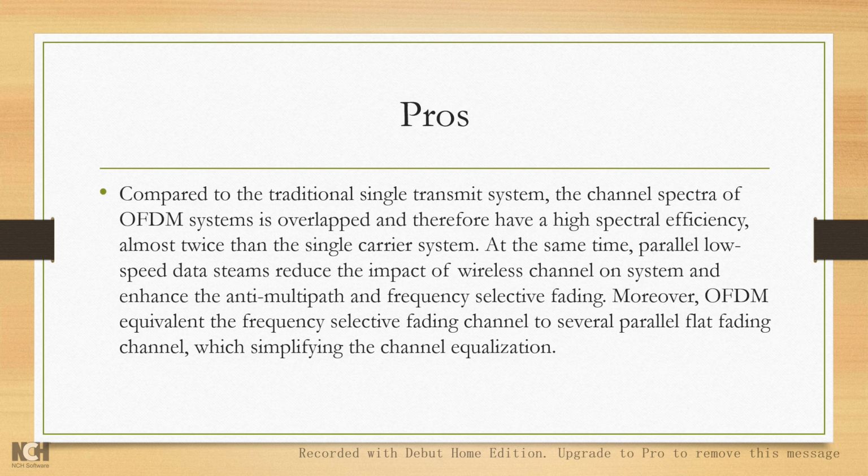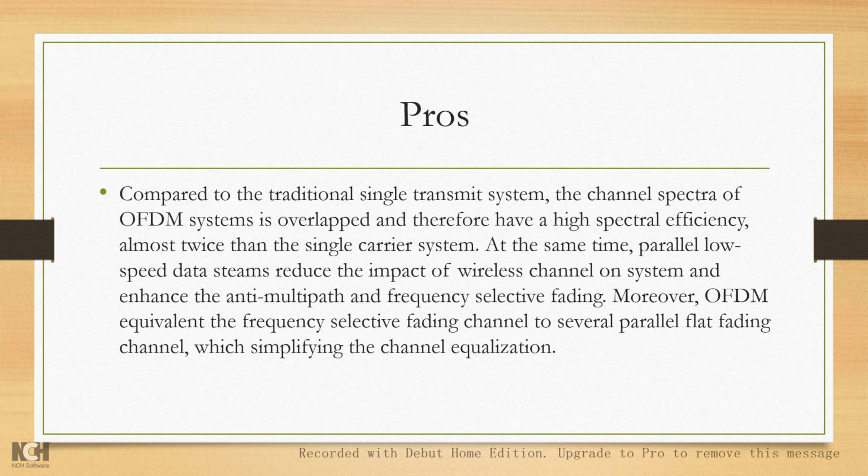The pros of OFDM are in this slide. Compared to the traditional single carrier system, the channel spectra of OFDM systems overlap and therefore have a high spectral efficiency, almost twice that of the single carrier system.